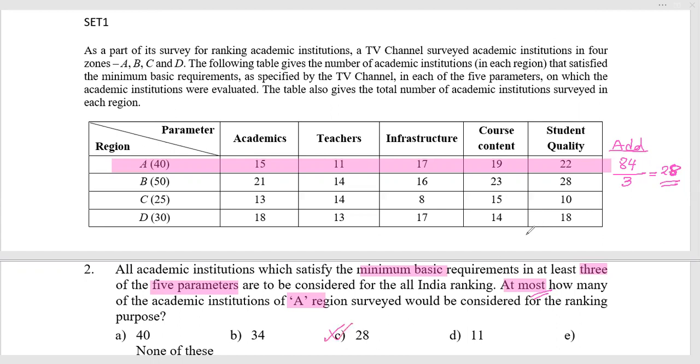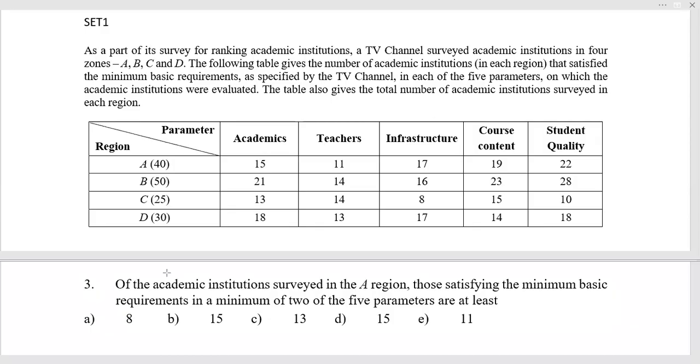So understanding with the chocolate concept, it would be much better to solve it rather than drawing the set or Venn diagram. Let us check the next question now. In the third question, it says that of the academic institutions surveyed in region A, those satisfying the minimum basic requirement in a minimum of 2 of the 5 parameters are at least.